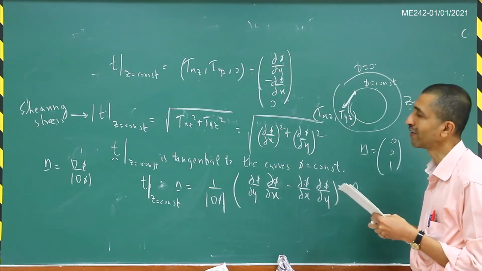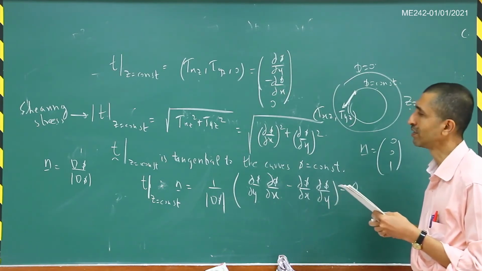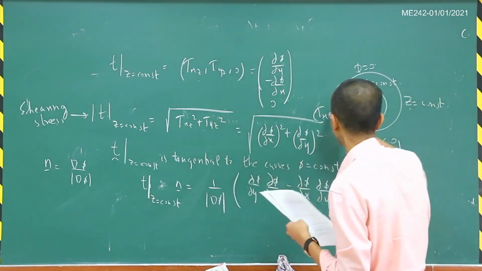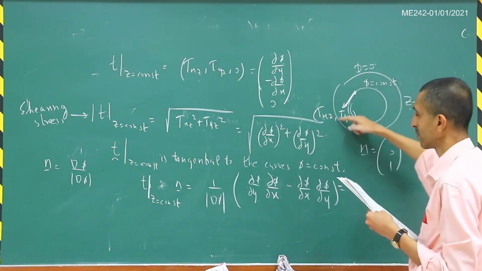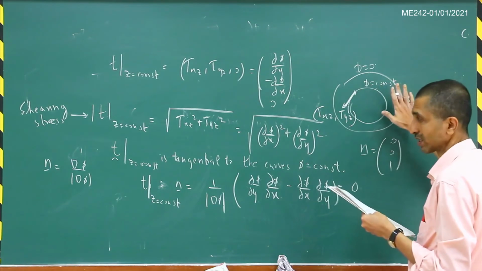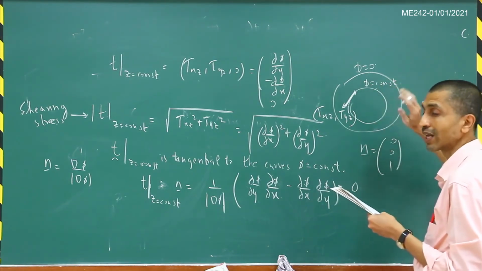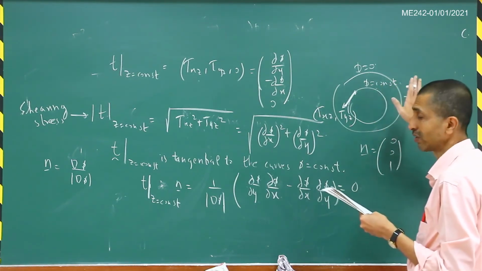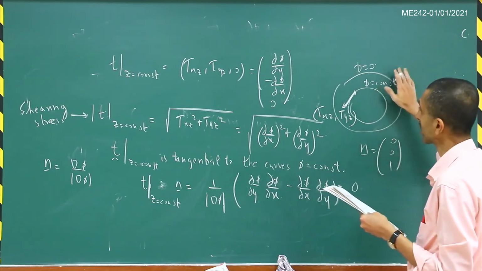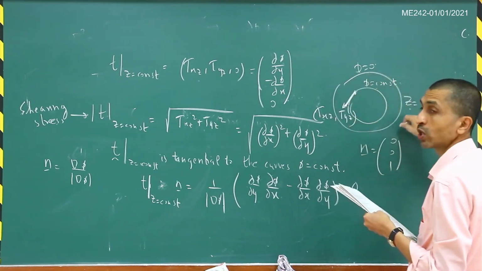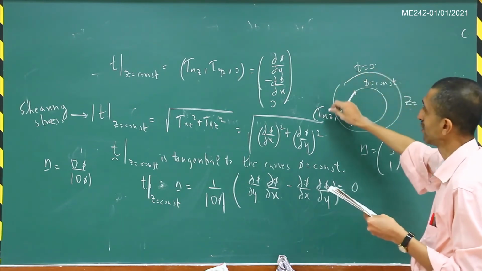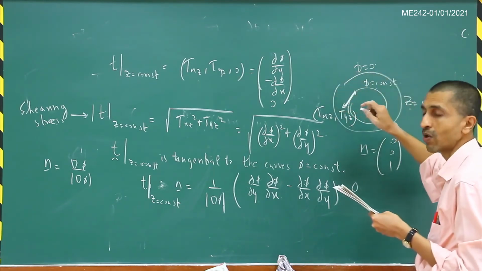Now we will show a very, very important result here. We will show that this shearing stress is a maximum on the outer boundary. So no matter what the cross section is, whether it is rectangular or elliptical or any shape that you can imagine, the maximum shearing stress will always occur at some point. We do not know where that point is, but we know that the maximum shear stress will always occur on the outermost boundary.